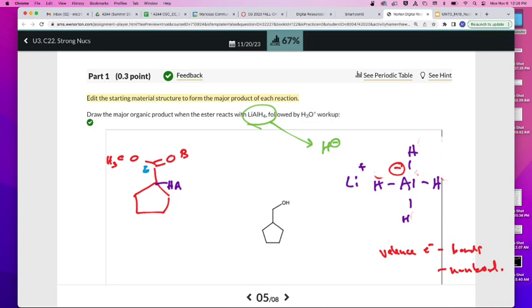How did we get that structure? We drew it. So if we drew it, how do you know you should or should not show a lone pair? Charge isn't going to help. Is it because it's an ionic bond? No. How do you know?